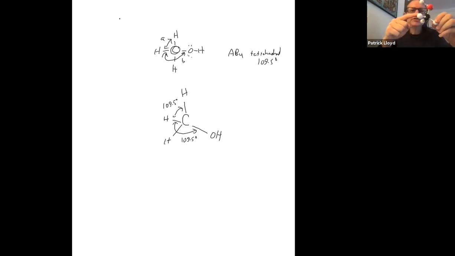But that's not how it works. The angle is between the central atom and the surrounding atom up to the surrounding atom you're interested in. So that angle there is 109.5, a little more than a right angle. But so is this one. This is also 109.5. And so is this one.